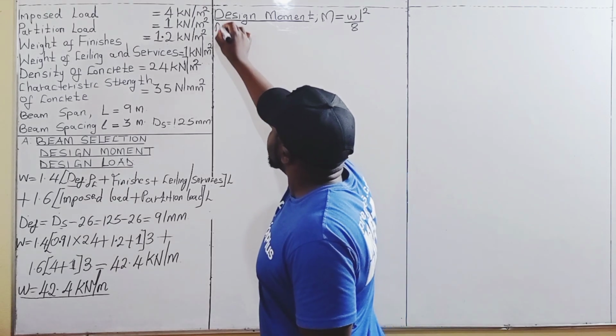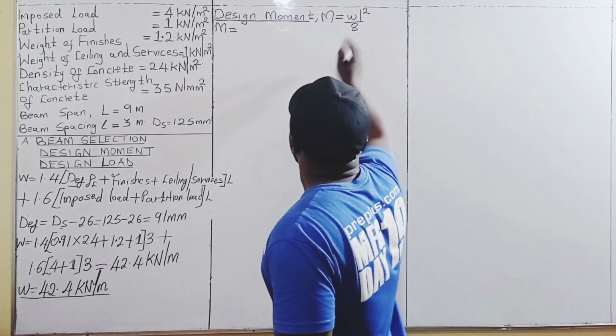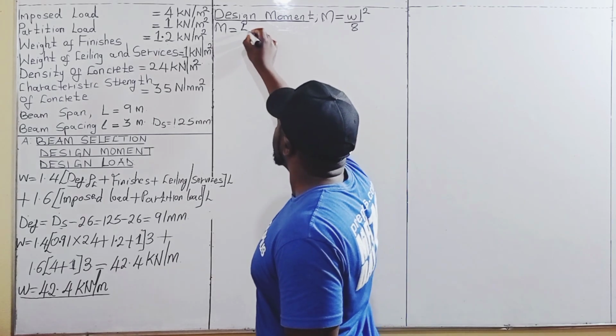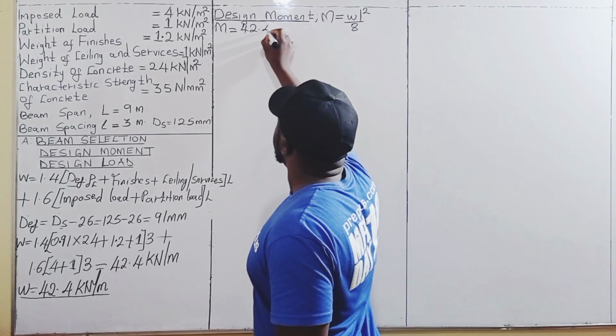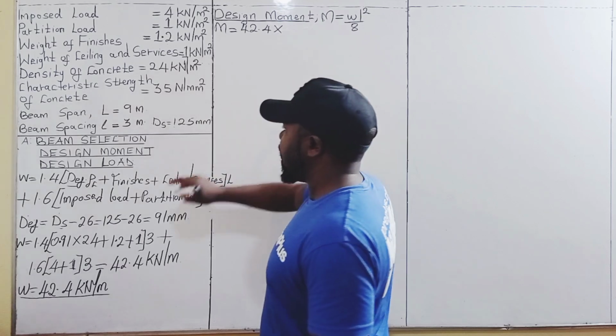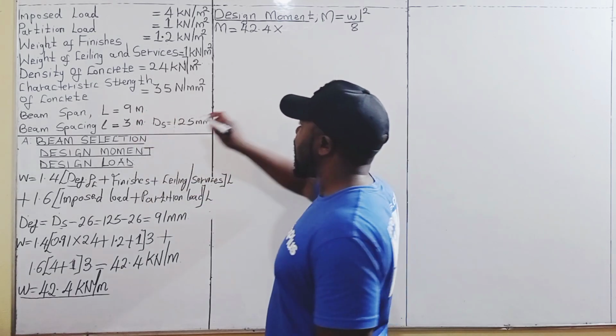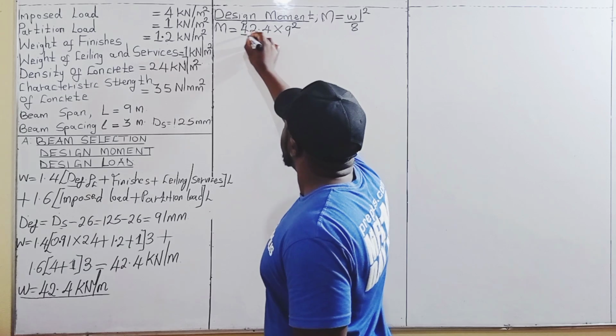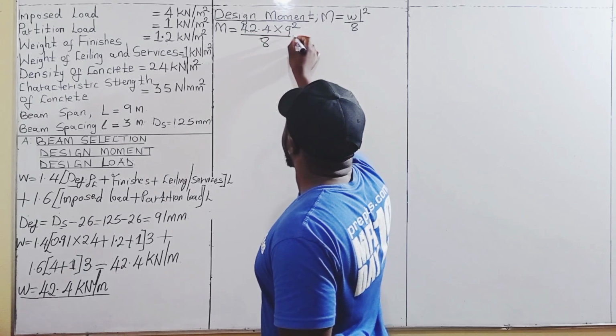Therefore, the design moment will be equal to W, the design load, 42.4 kilonewtons per meter, times the beam span, which is 9 meters, therefore 9 squared. We divide this by 8.